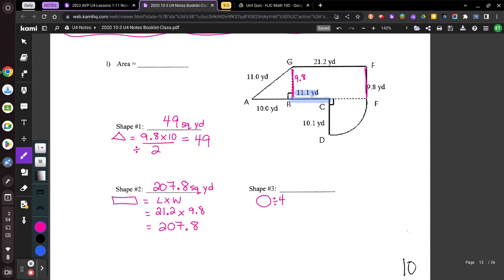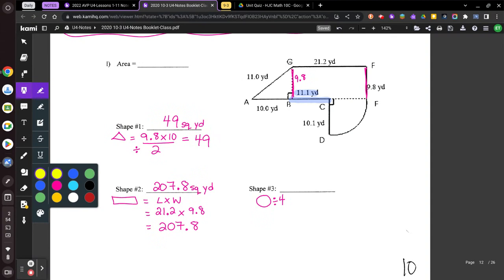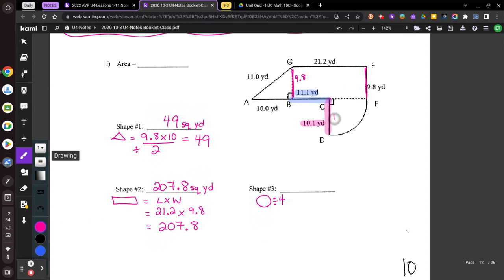And our last shape, we need the radius of our shape. And the radius it's showing us is this one right here. So that line there is that 10, that's our radius. That's R. So area of our circle is going to be R squared times pi, but now it's a quarter of a circle, so it's going to be divide 4.